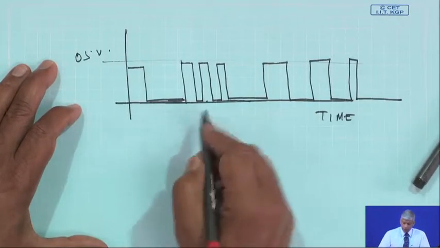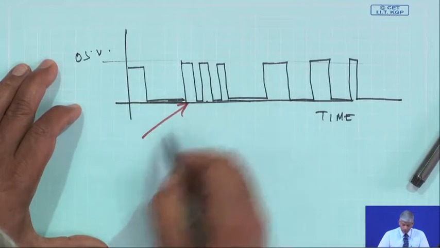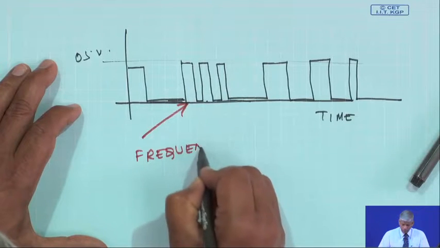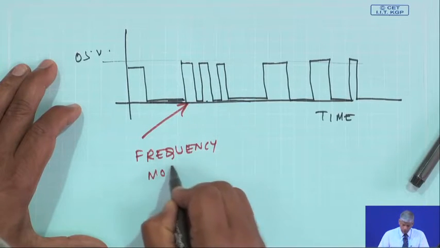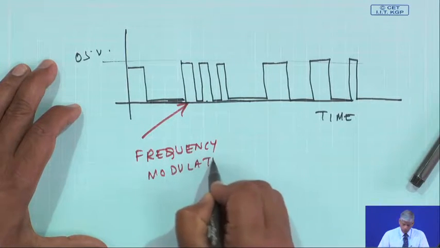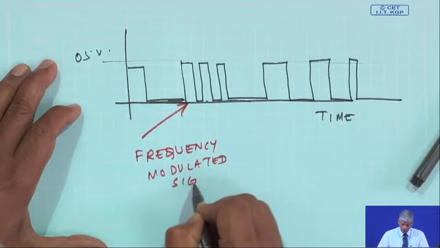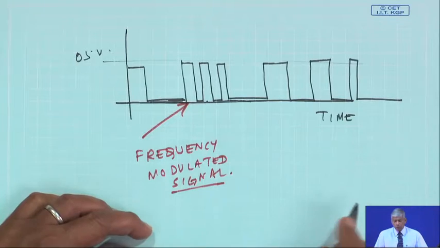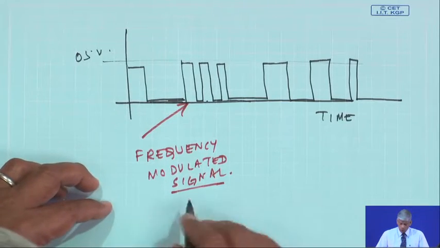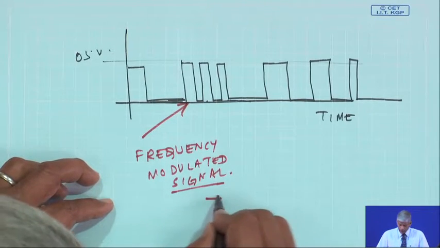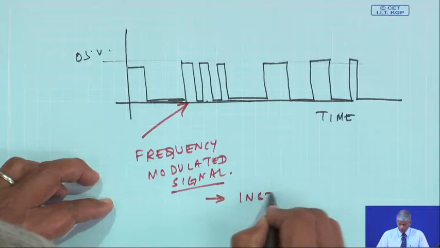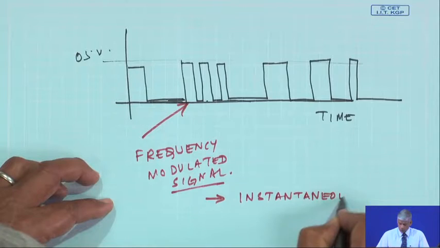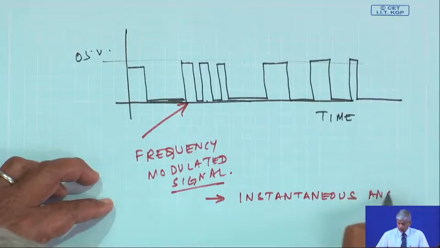So, this becomes, in other words, a frequency modulated signal, and by analyzing this with a method called the Hilbert transform, which we have studied earlier, I can find out what is known as the instantaneous angular speed of the shaft.